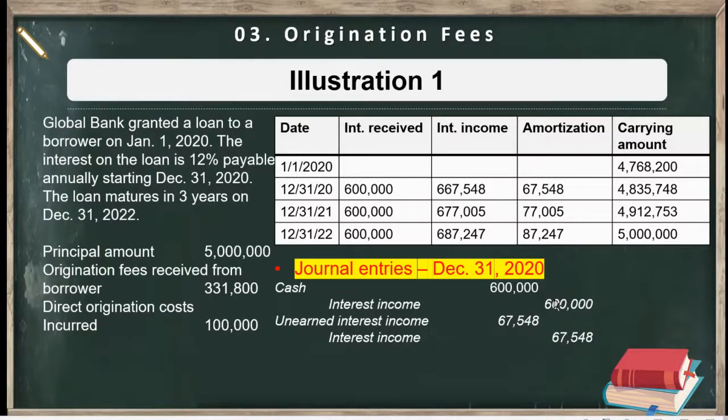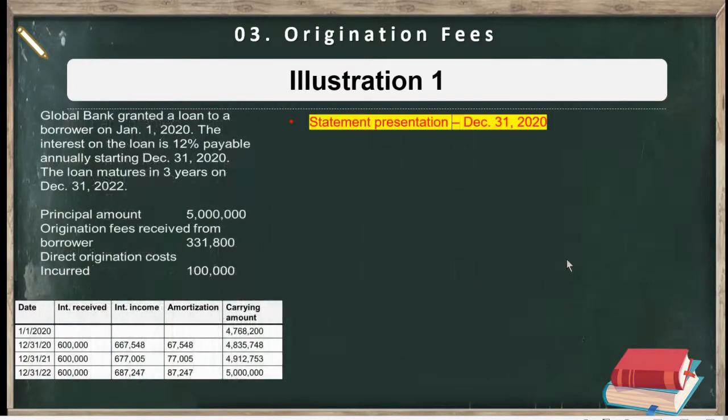So, pwede siya base sa table or based on the journal entry. So, tanawa ning interest income na credit is 600,000. And then, ang credit sa interest income here nga 67,548. So, ang total kay 667,548.